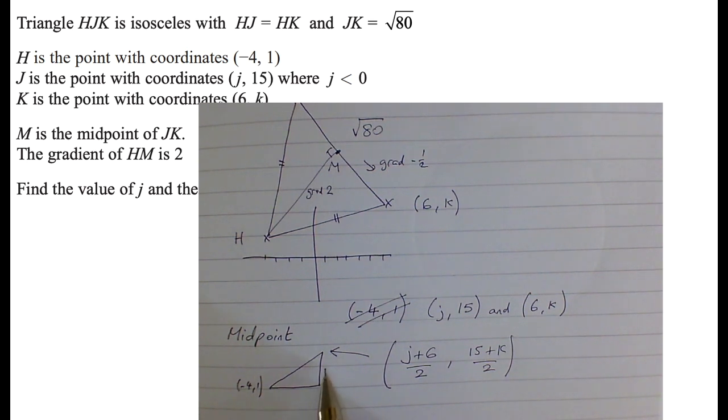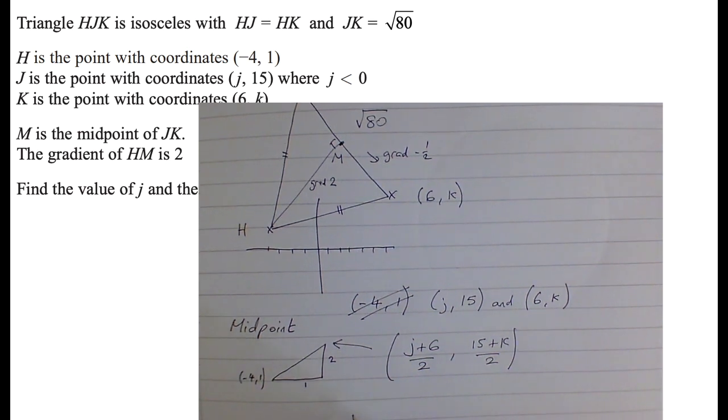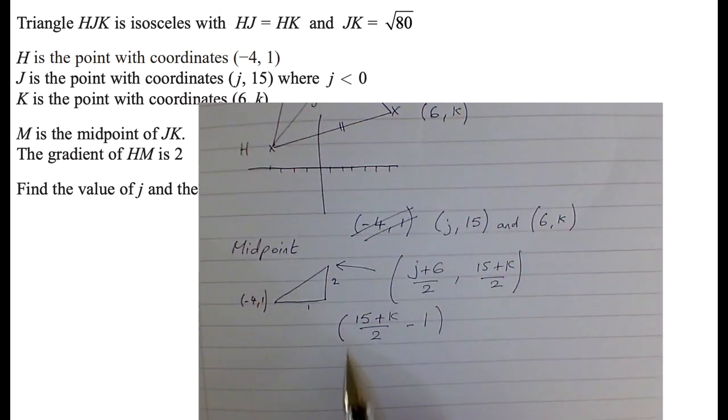Going up from 1 up to 15 plus k over 2, divided by going from -4 along to j plus 6 over 2, is going to give me a positive value of 2 over 1. So I'm going to write this down as a massive gradient equation. 15 plus k over 2 take away 1, because I want a positive gradient, all over j plus 6 over 2 take away -4, which is going to be +4.